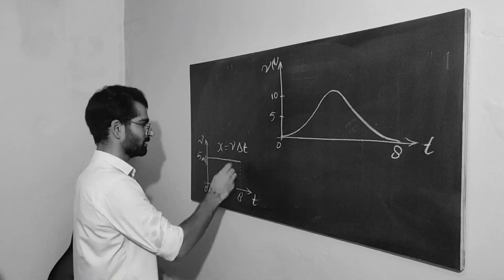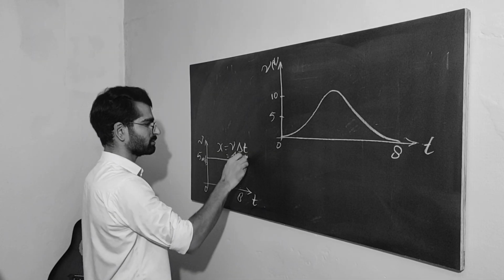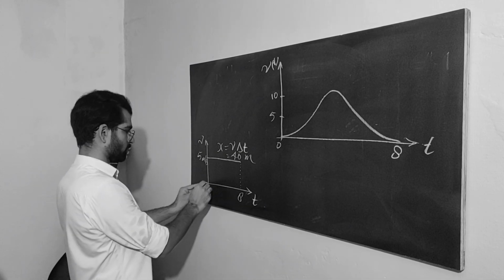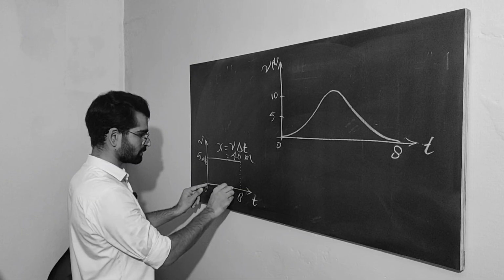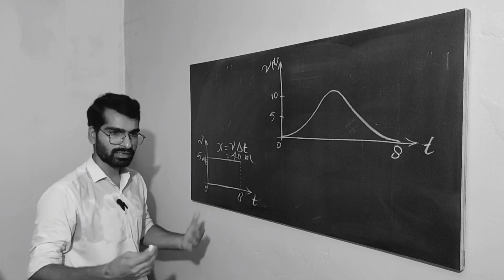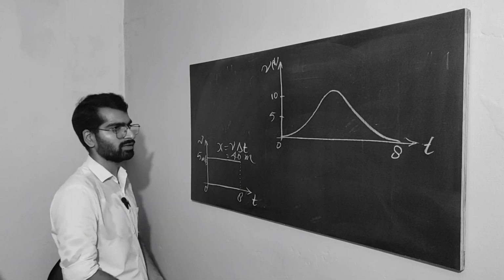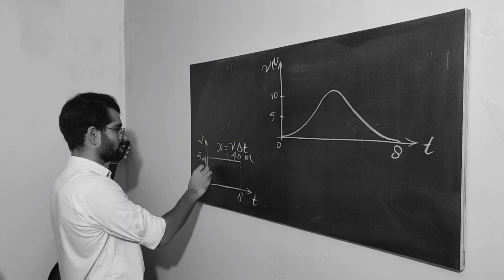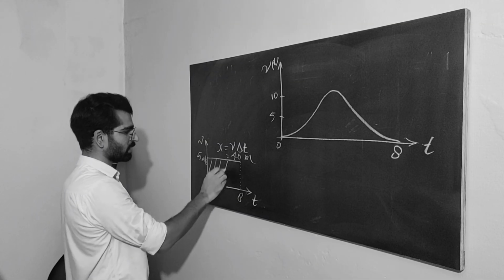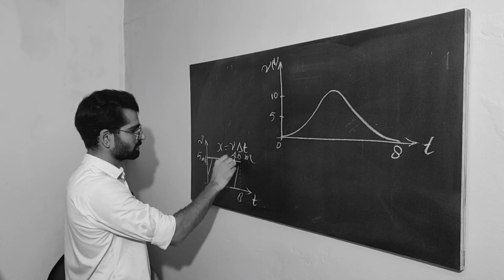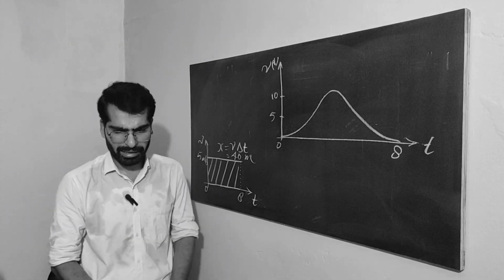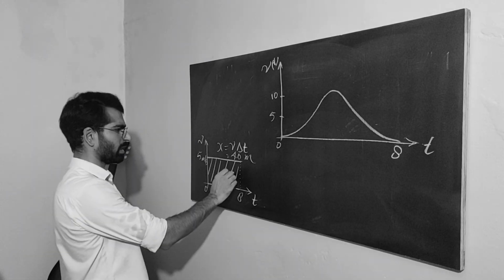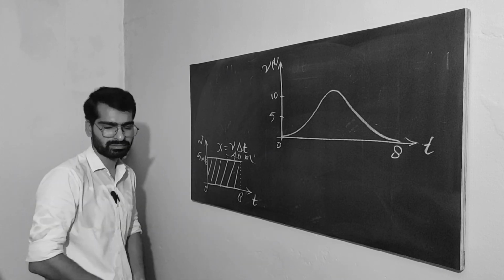After 8 seconds it is going to be 40 meters, right? And you think of this as the length in time dimension and this breadth in velocity dimension. Then v times delta t represents this area under this curve. And it's really funny that this area has the unit of meters.